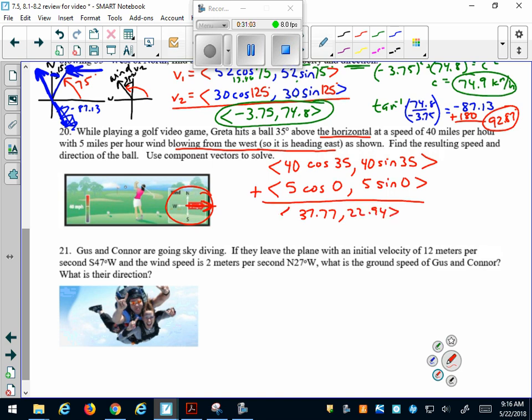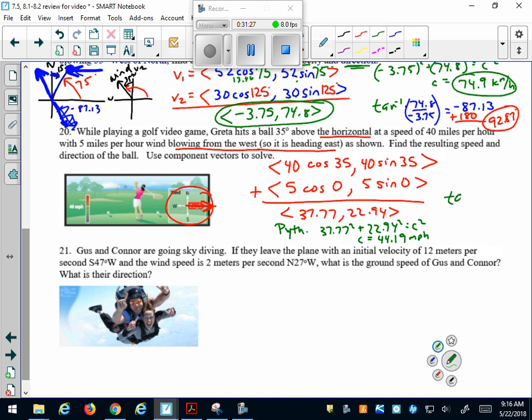22.94. Again, we need the speed and direction, so we need Pythagorean theorem and inverse tan. So Pythagorean theorem is this squared plus that squared equals c squared, and that turns out to be 44.19 miles per hour.